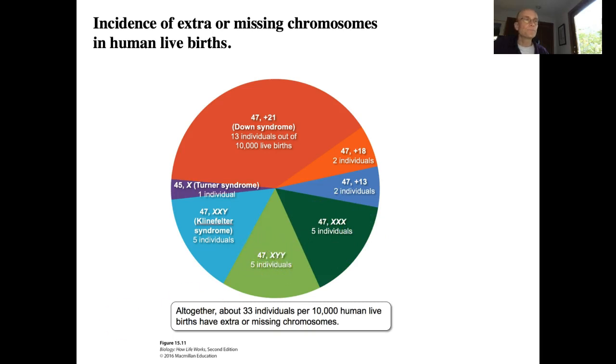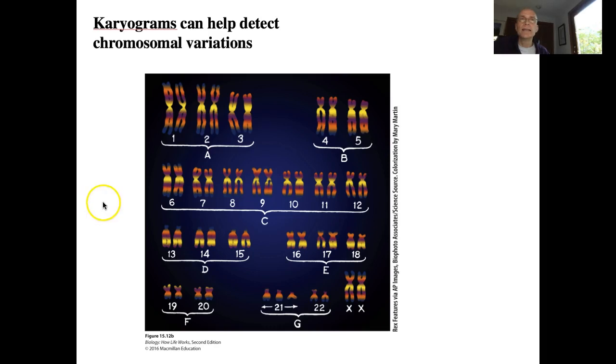So when you isolate cells and you look at the chromosomes under a microscope, we looked at these kinds of graphs before, or they're not really a graph, it's called a karyogram. So you isolate the chromosomes. These are real chromosomes, these are not drawings.